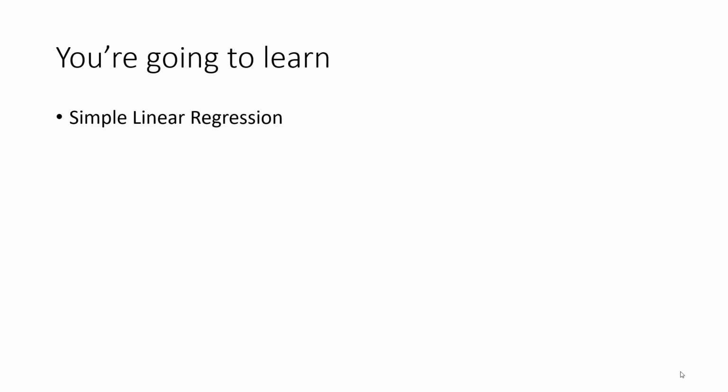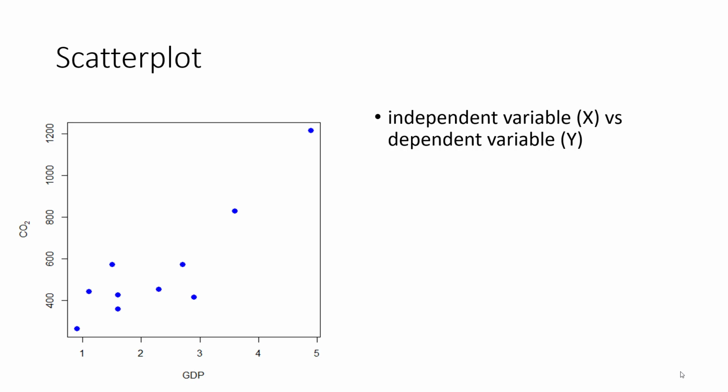Hi, in this video, I'm going to introduce some basics of simple linear regression. This is the scatter plot that displays the positive association between GDP and carbon dioxide emission from 10 countries you saw previously.